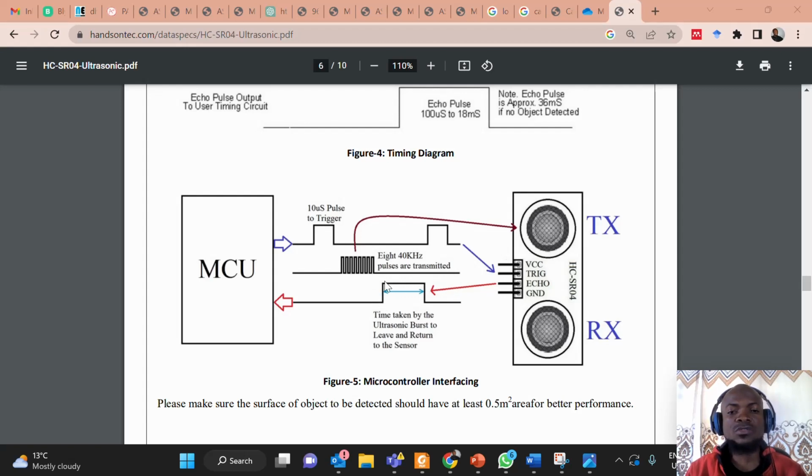So we will use this duration of the echo pulse to calculate the distance the sound wave travels from the sensor to the obstacle. So how do we calculate the distance? What principle do we use to calculate the distance?